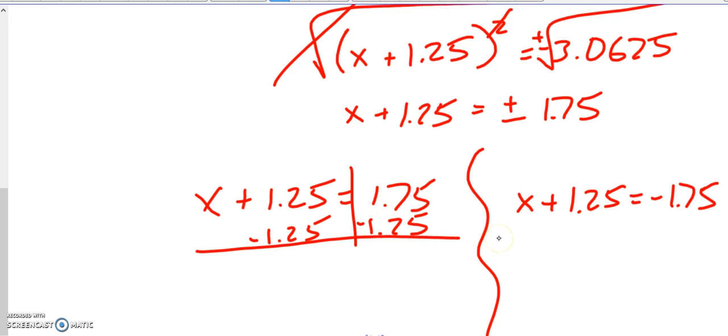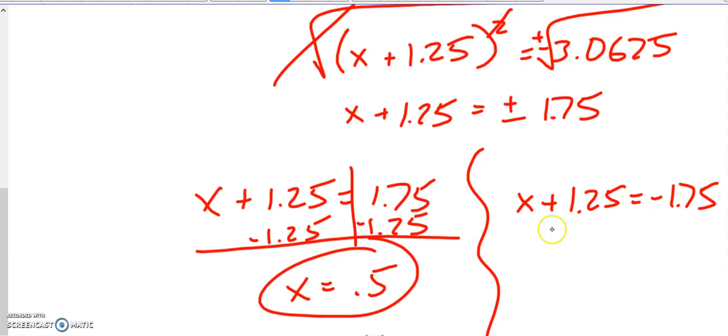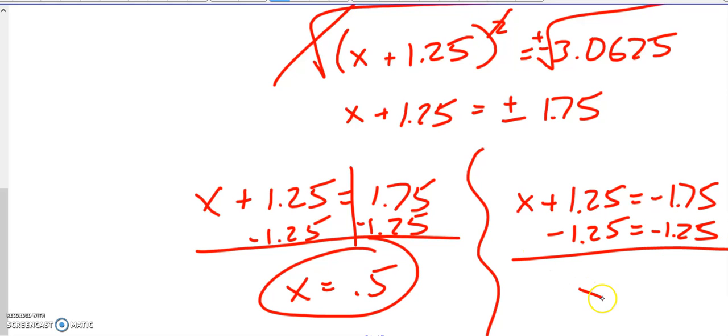Looks like we're going to get 0.5. So x could be 0.5 or 1/2. And over here, we get negative 3. And there we go. So that's one where completing the square got a little messy, but it also would have been extremely messy trying to do it any other way as well.